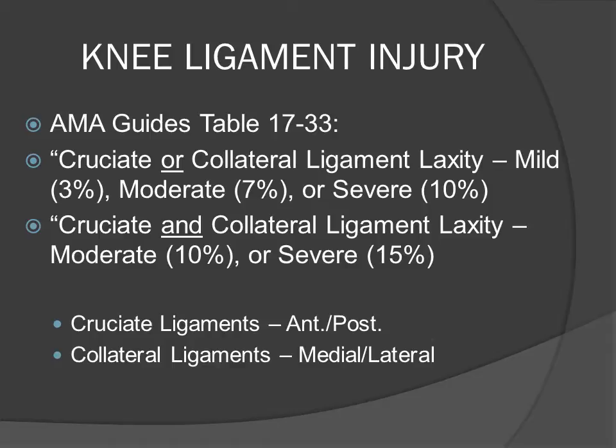And remember, with the cruciate ligaments, we have an anterior and a posterior cruciate ligament. Those are intra-articular ligaments that do pierce the joint capsule and are bathed in synovial fluid, while the collateral ligaments include the medial and lateral collateral ligaments. Those are extra-articular ligaments on the outside of the articular capsule.